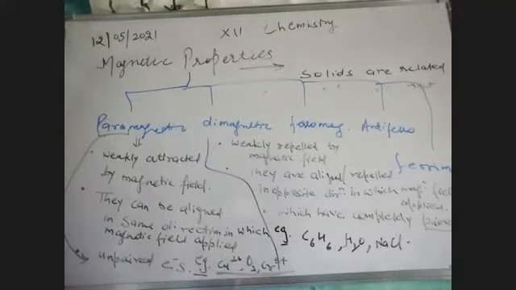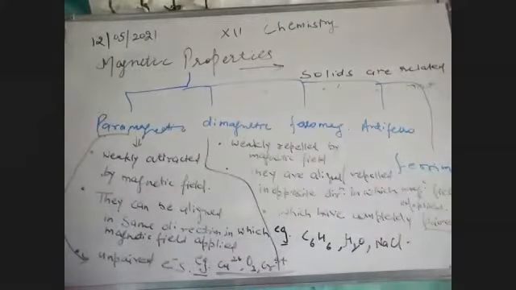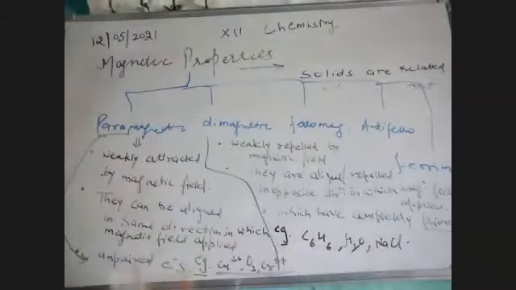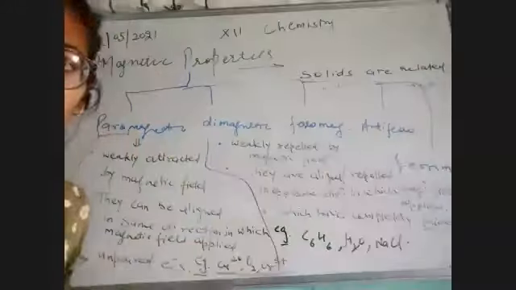Okay, so this is about paramagnetism and diamagnetism. Paramagnetism is something which is weakly attracted, diamagnetism is something which is weakly repelled. And most importantly, paramagnetism is due to unpaired electrons, whereas diamagnetism is due to completely paired electrons.